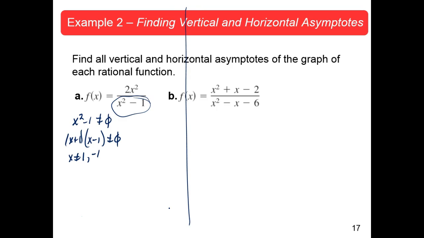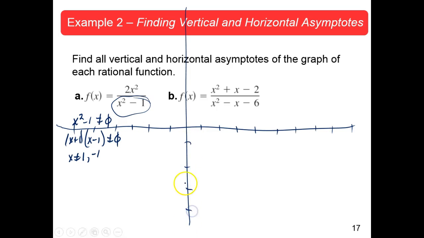Okay, don't have a lot of room. So here we'll do 1, 2, 3, 4, 5, 6, 7, 8, 9, negative 1, 2, 3, 4, 5, 6. Negative 1, 2, 3, 4. Positive 1, 2, 3, 4, 5, 6. Okay.